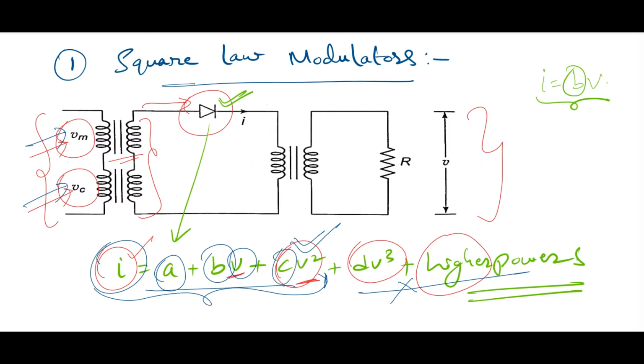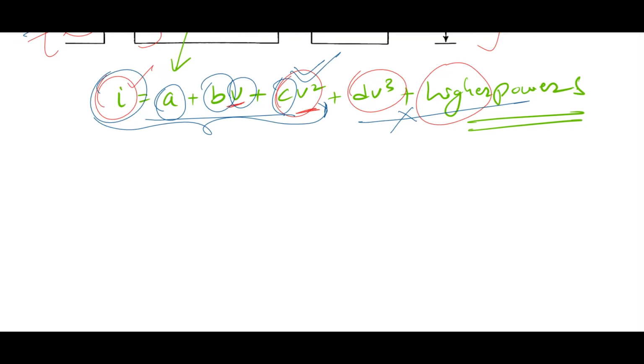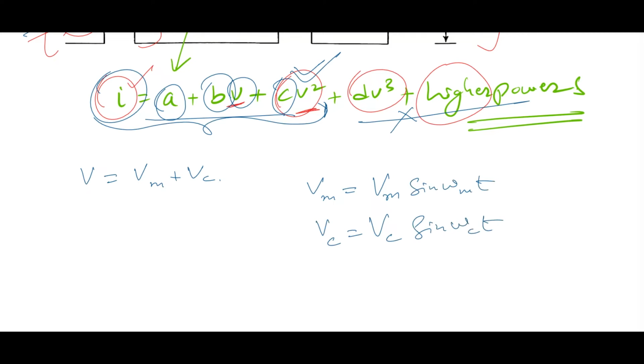C is the non-linearity coefficient. Mathematically, V can be written as Vm plus Vc. Vm is the modulating signal, capital Vm sine omega mt. Likewise, Vc can be written as capital Vc sine omega ct.